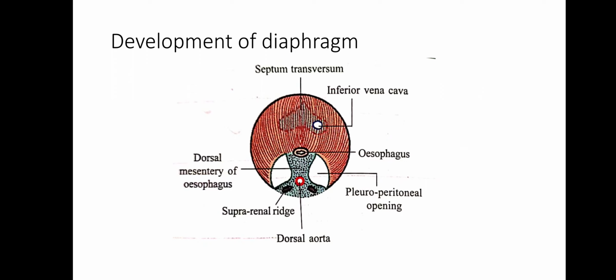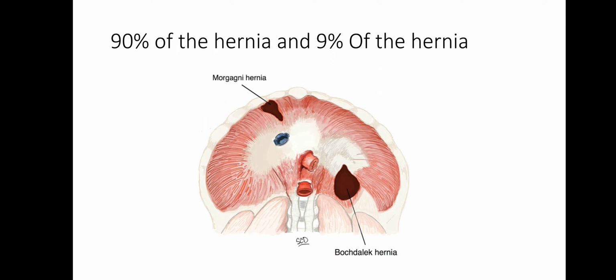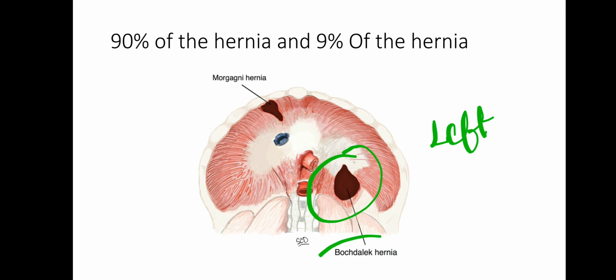Most often the pleuroperitoneal opening is compromised. The pleuroperitoneal membrane fails to close the pleuroperitoneal opening, and that gives rise to a hernia. We'll see about that. So 90% of the time the pleuroperitoneal opening fails to get closed by the pleuroperitoneal membrane, most often on the left side, giving rise to Bochdalek's hernia.